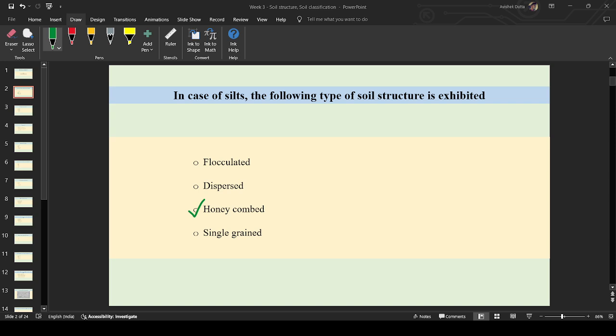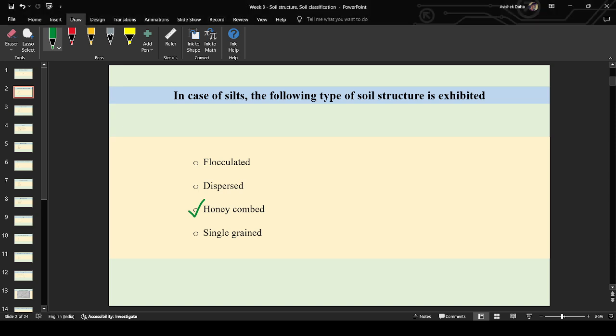No, I'm talking about fine grained or coarse grained soil. Coarse grained soil, yes. You can mute yourself. So coarse grained soils generally show single grain structure, specifically coarse grained sand and gravel.